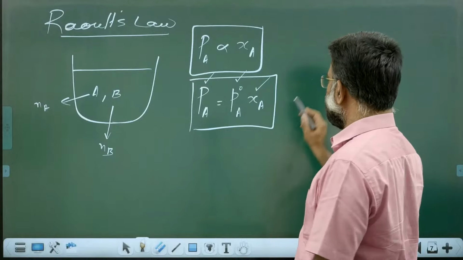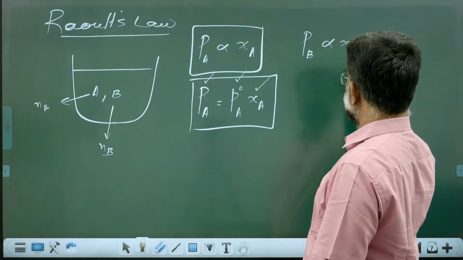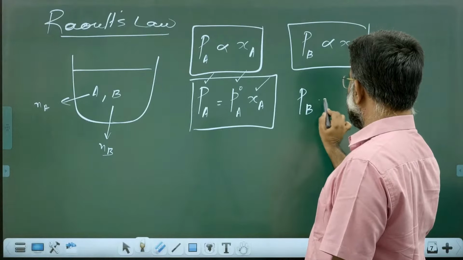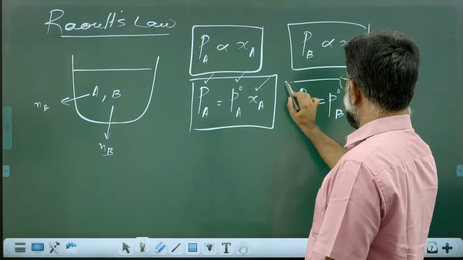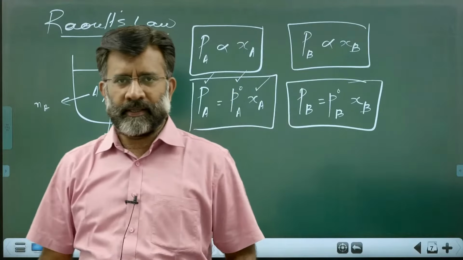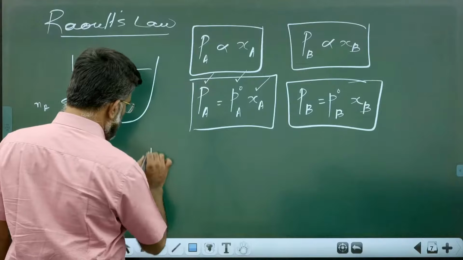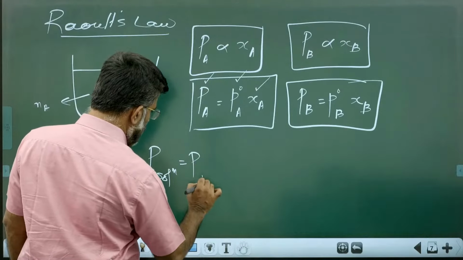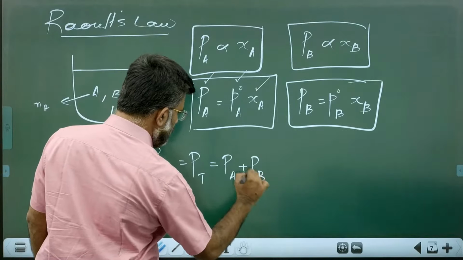Similarly, you can write Pb proportional to Xb, and Pb is equal to P naught B into Xb. This is Raoult's law, right? Then what is the P total? That is P solution, that is P total, equal to Pa plus Pb.